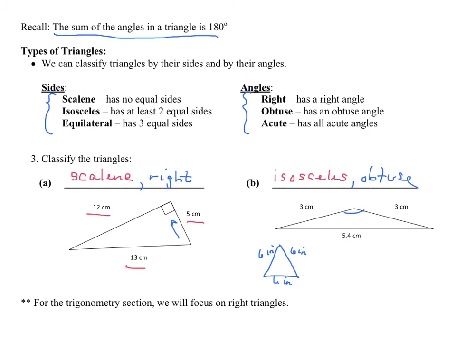So this triangle would be called equilateral because all the sides are the same. And then because all of the angles are smaller than 90 degrees, in fact, in an equilateral triangle, they're all equal, the angles, so they'd be 60 degrees. It's acute, so it's an equilateral acute.